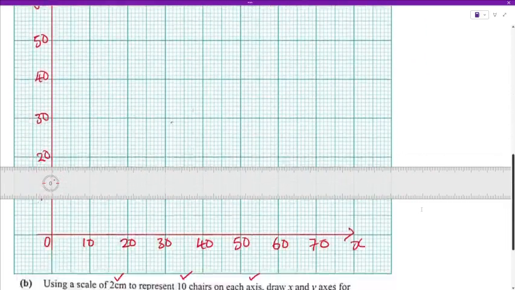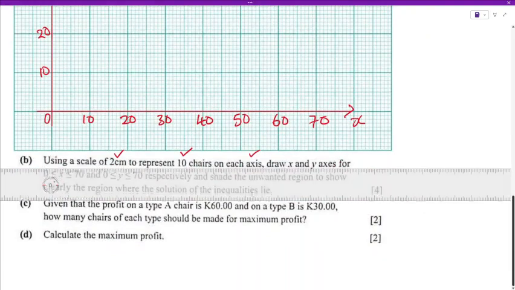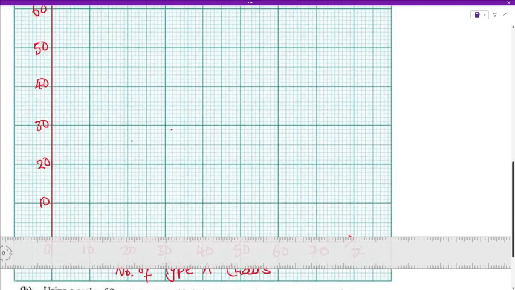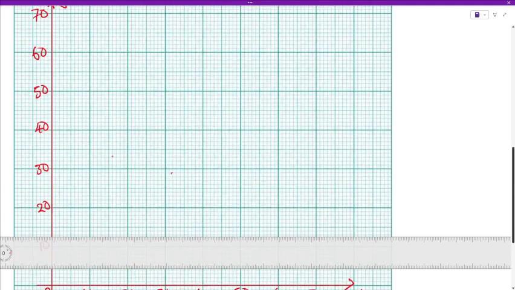So we go down to the x-axis, and then we also write to say the x-axis represents number of type A chairs. So down here we're going to say number of type A chairs, and then on the y-axis also going to write number of type B chairs.